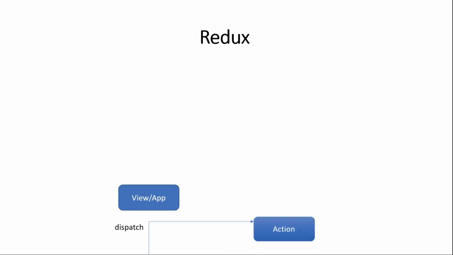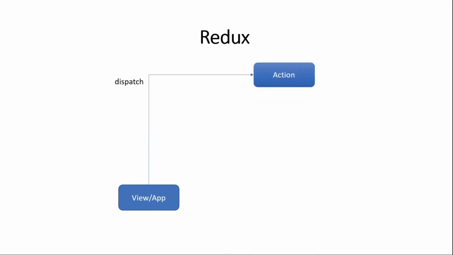Therefore we have Redux, which has a different approach. Here we have our view or application, and in any given component, we dispatch an action. Then the action runs through the reducer. A reducer has a simple job: it takes an action, then it takes the old state, manipulates it, and gives a new state.